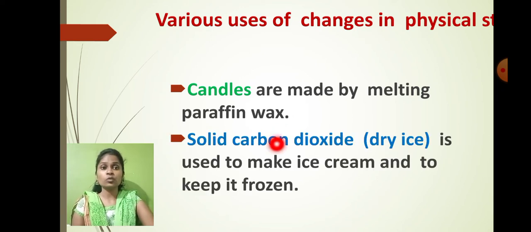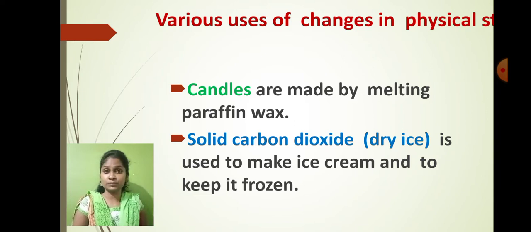Again you can see over here, solid carbon dioxide. Students, do remember, solid carbon dioxide is also called dry ice. Who is called dry ice? Solid carbon dioxide. It is used to make ice cream and to keep it frozen. You must have seen the big container which we use for keeping ice cream or for ice cream making, the solid carbon dioxide is kept.